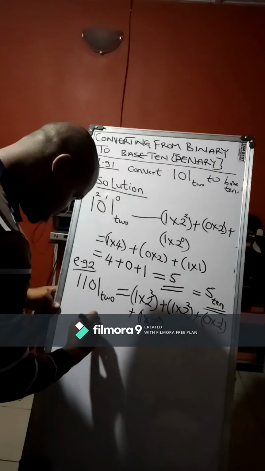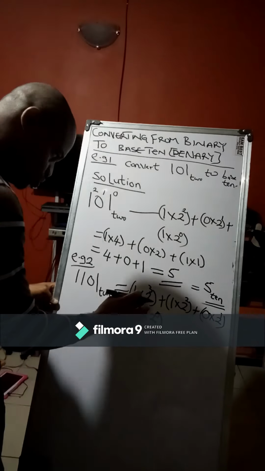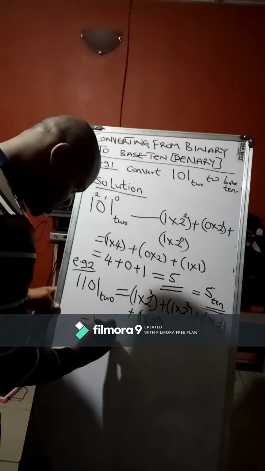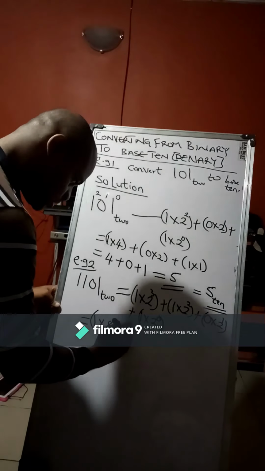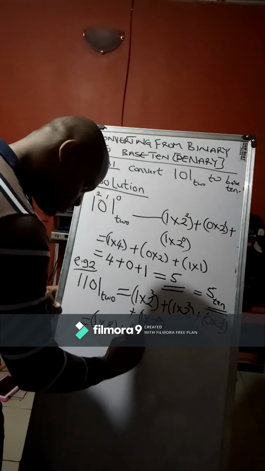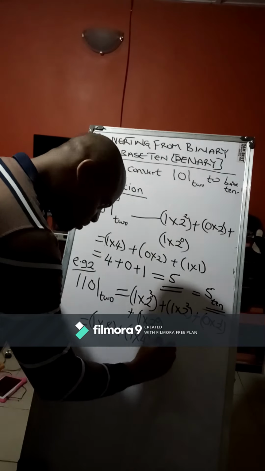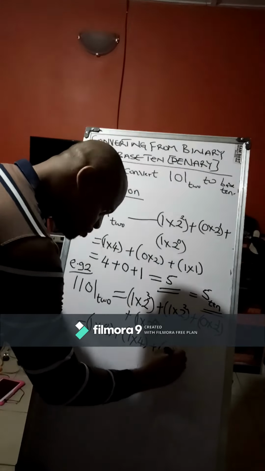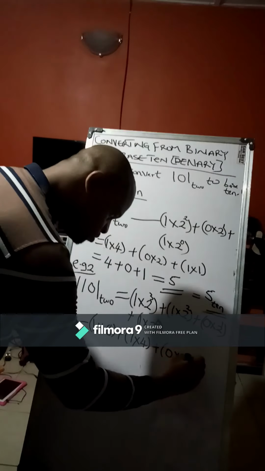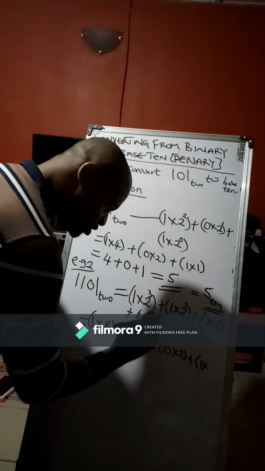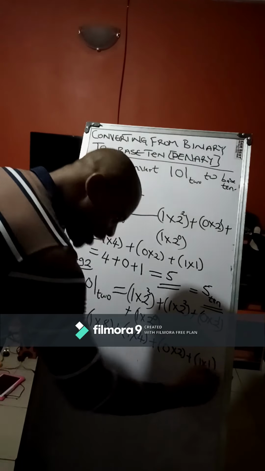So this will give me 1 times 2 raised to power 3 means 2 times 2 times 2, which will give me 8, plus 1 times 2 raised to power 2 means 2 times 2, which is 4, plus 0 times 2 to the power of 1 is 2, plus 1 times 2 to power 0, any number to power 0 is 1.